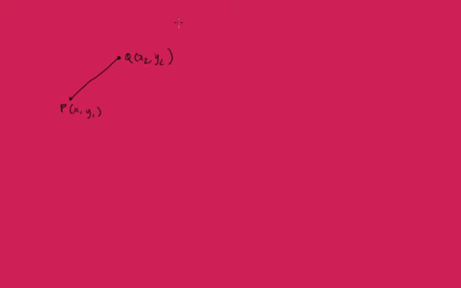Now the gradient of this line, often called little m, not to be confused by big M for midpoint, the gradient m of PQ is y2 minus y1 over x2 minus x1.